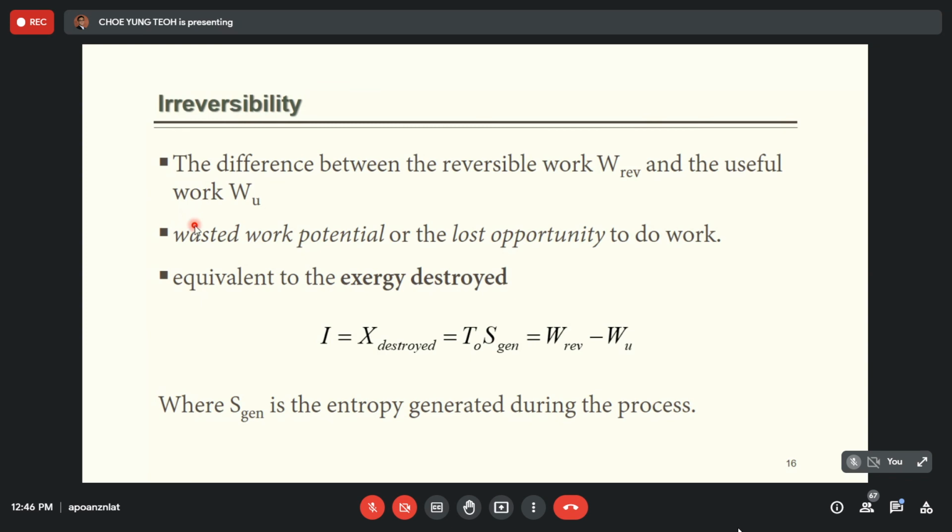This irreversibility is a wasted work potential, or the lost opportunity to do work. Let's say I have hot water with 100 joules of energy. Whenever I convert it to electricity, only 40 joules of energy is left.